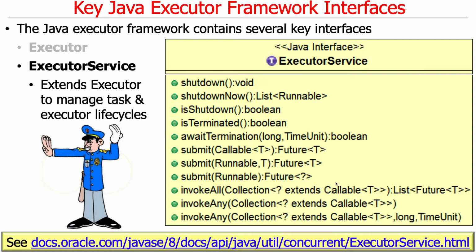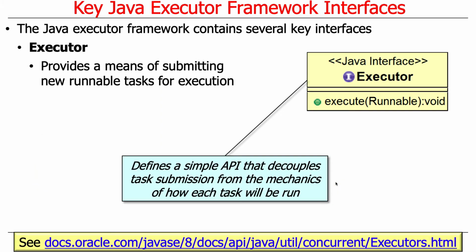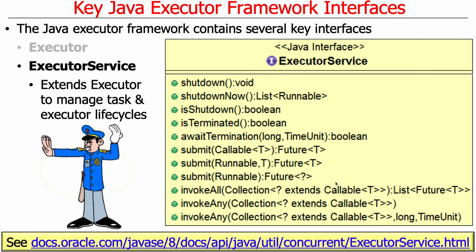For example, you can execute a one-way task that's a runnable, but with Executor Service, you can submit a two-way task. It's a callable. And you'll get back results through things called futures. We'll talk about those later. You can actually run a bunch of callables all at the same time. You can run a bunch of callables and pick one result. You can run a bunch of callables and wait for them all.